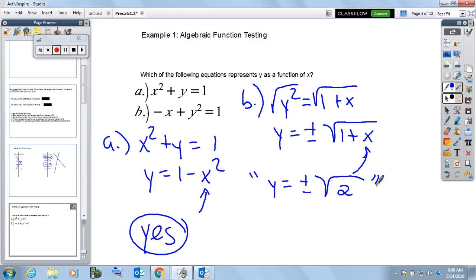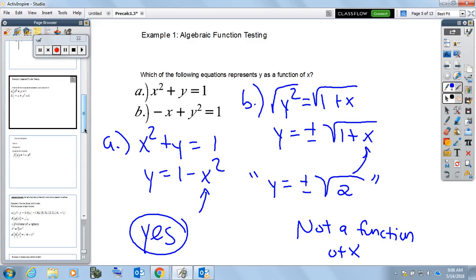So that produces two different y values. There's a prime example where when x is 1, y has two different values. So no, not a function of x. So an example like that, we are not going to see a function of x.